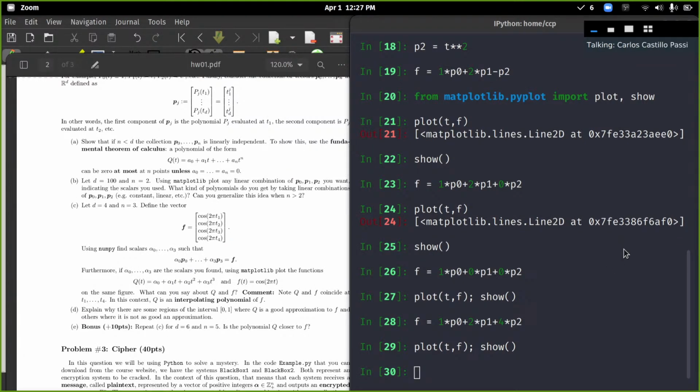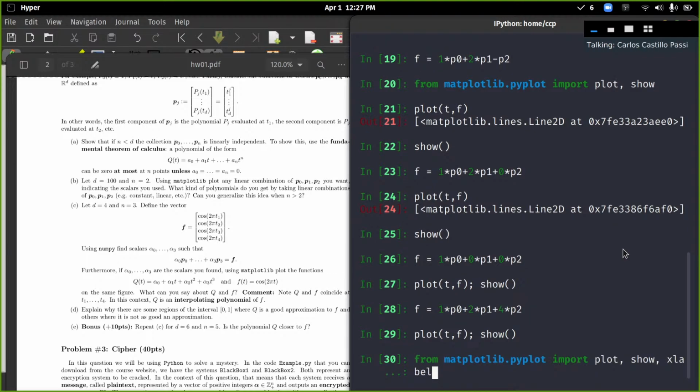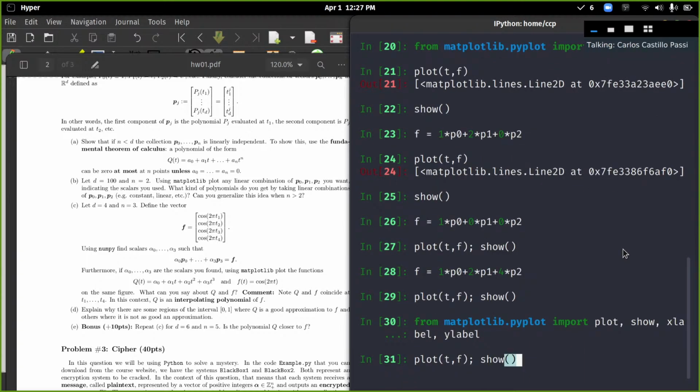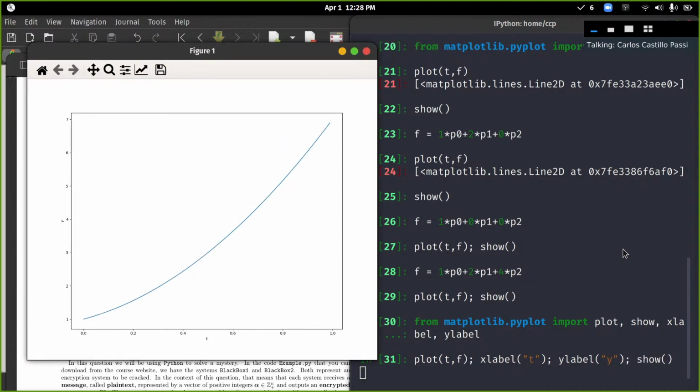If you wanted to do a more complex plot, you can also import xlabel and ylabel, and before show you can set xlabel equal to t, ylabel equal to y or whatever, and then show, and you have the t here and the y here, and this is the function.